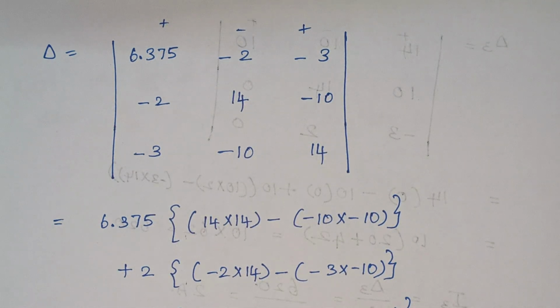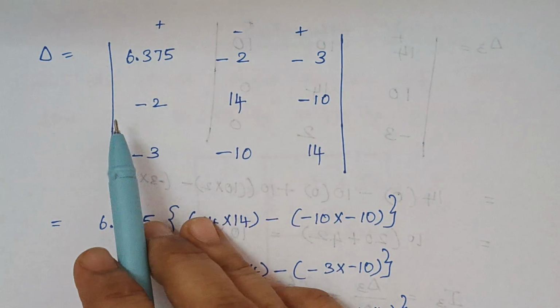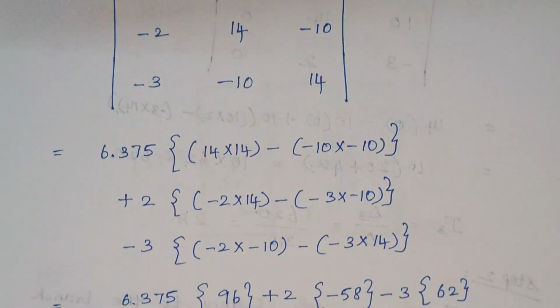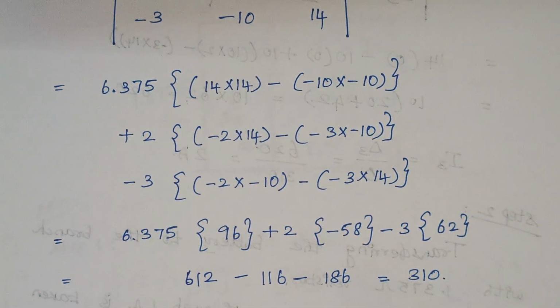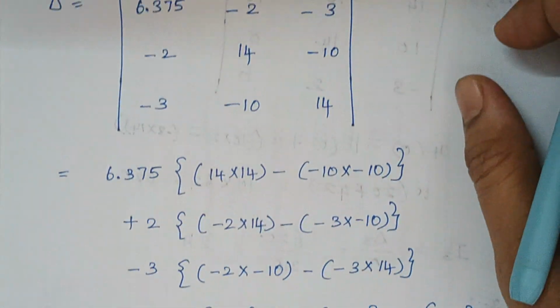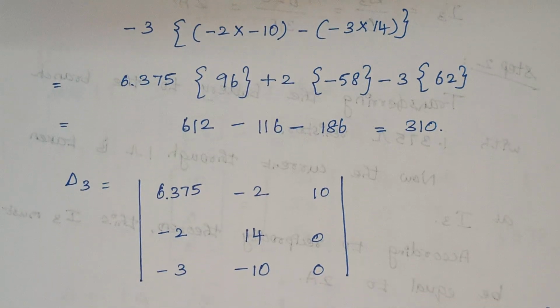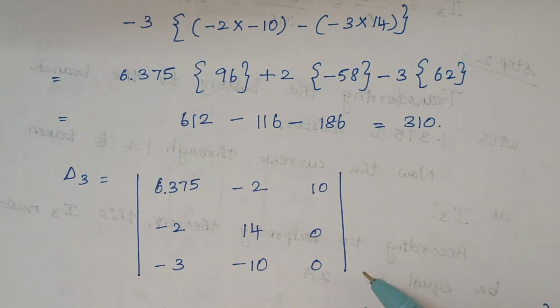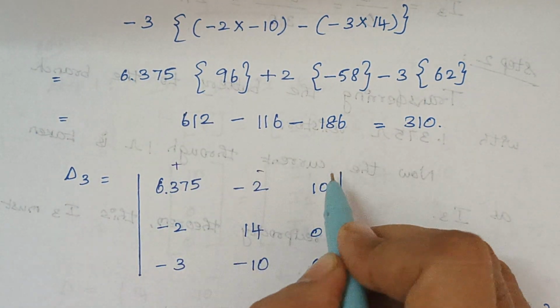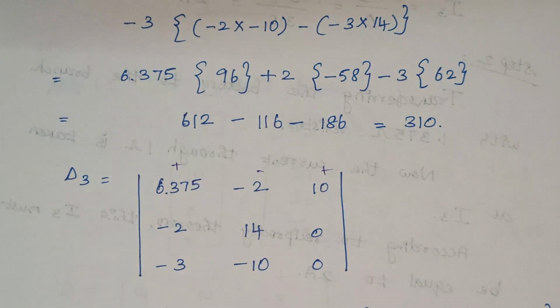So the remaining steps are as usual. Just calculate del. Right. So the value of del is again 310. When you go for del 3, again you have to replace this third column by voltage source. So when you replace here, we are having del 3 like this. The same way, right, again plus, minus and plus, just calculate the value of del 3.